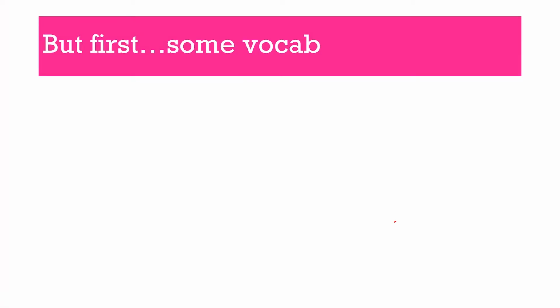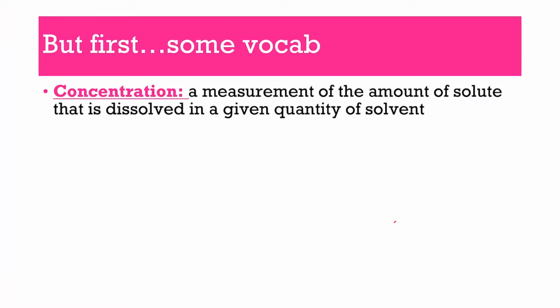Okay, so before we move on, let's cover a few ground rules, some ground vocabulary. First, concentration, again, is the measurement of the amount of solute that is dissolved in the given quantity of solvent.